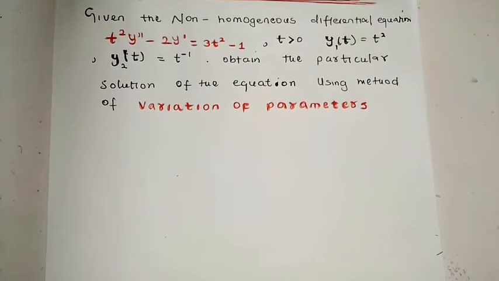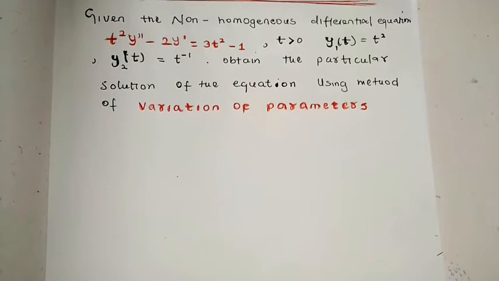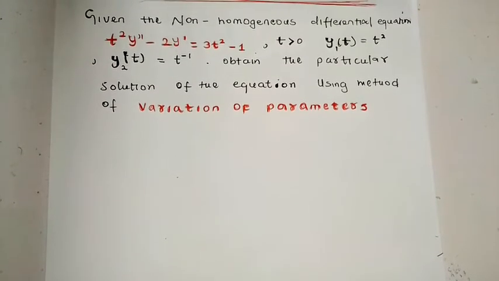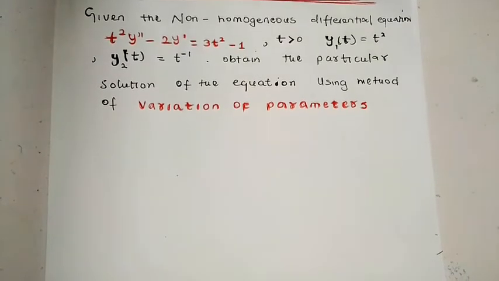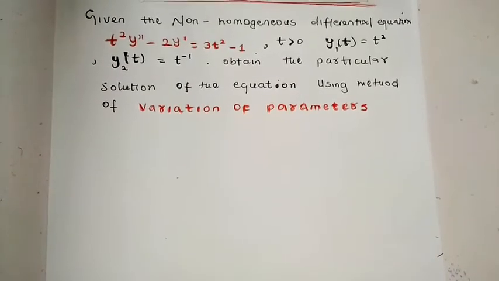Now, we all know that when solving a differential equation, especially a non-homogeneous differential equation, we're going to be having two sets of solutions. We are going to be having the particular solution and the complementary function.